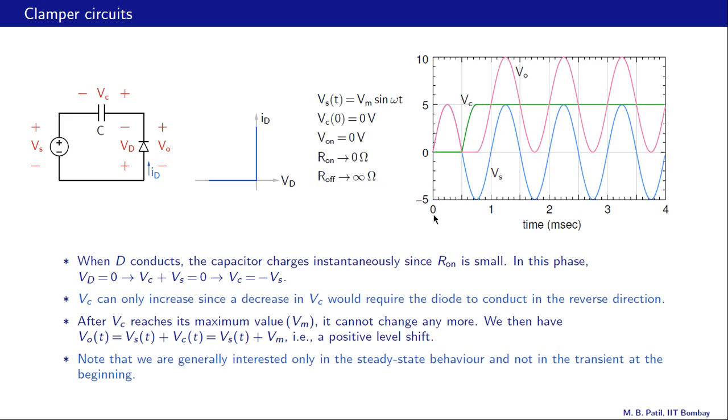And in fact, if you go to the lab and hook up this circuit and watch the waveforms on the oscilloscope, we will not even see this part, because by the time you connect everything, start your function generator and oscilloscope and so on, all the transients would have died out, and you will only see the steady state picture, and that is what we are also interested in.